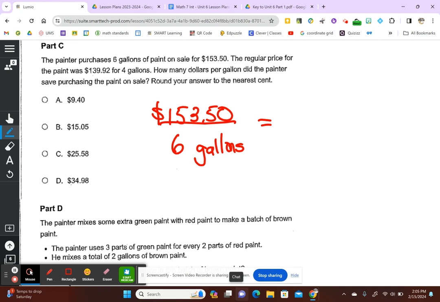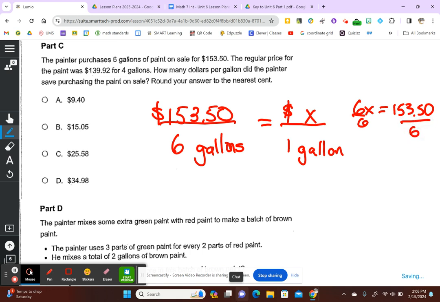So that means I need to figure out the unit rate here, or what 1 gallon would cost. So it's X dollars over 1 gallon. And when I do this for the sale price, I get 6X equals 153.50. Divide by 6, divide by 6. X equals 25.58, which is my sale price per gallon.